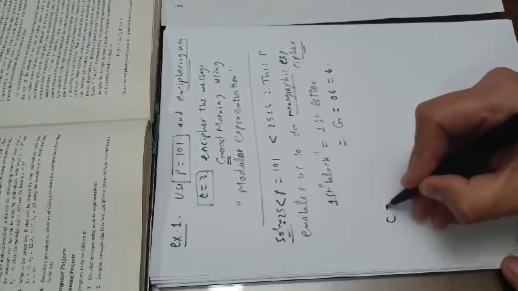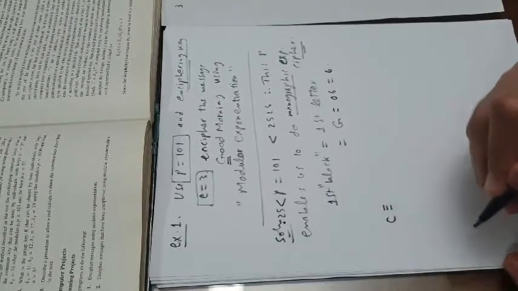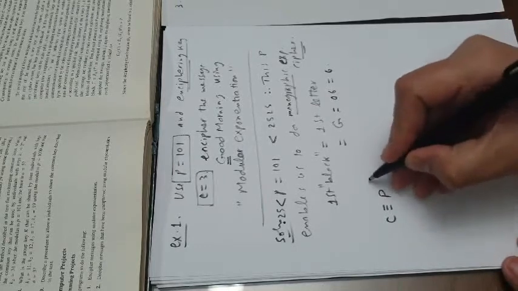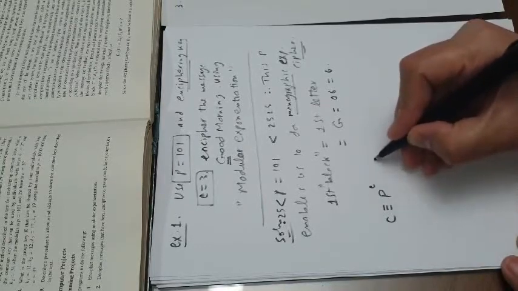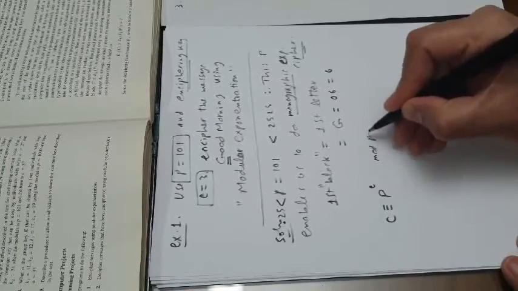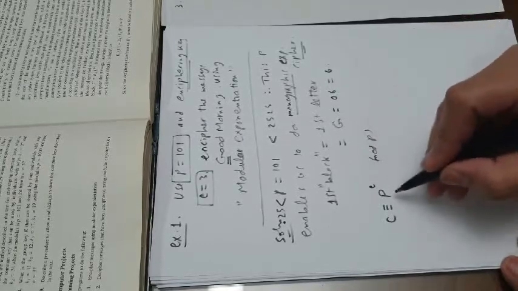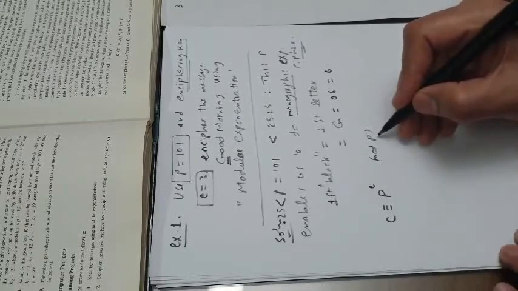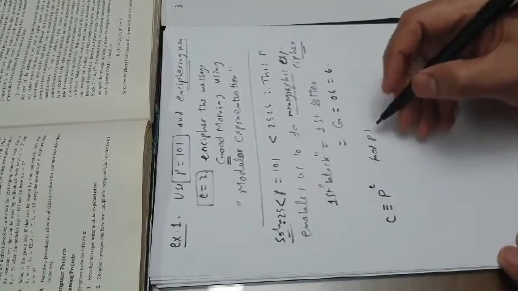The exponential cipher relation is C equals B to the power of E mod the prime number P. Look, the difference between the capital B, the plain text, and the small b, the little b, is the prime number.